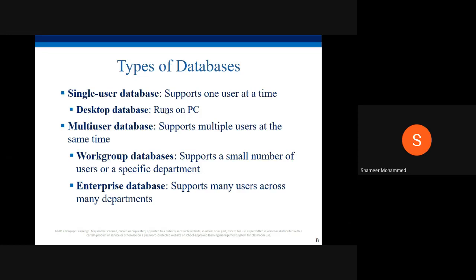The second type of database is multi-user, which means it will support multiple users at the same time. Under multiple users, you have different types: workgroup database and enterprise database. Workgroup supports a small number of users or a specific department.